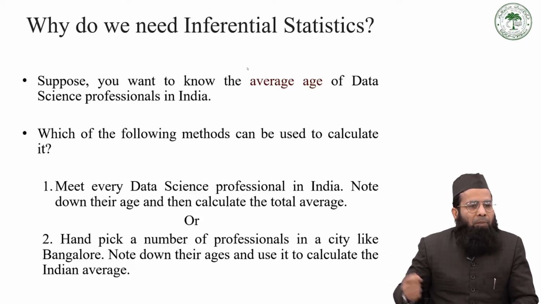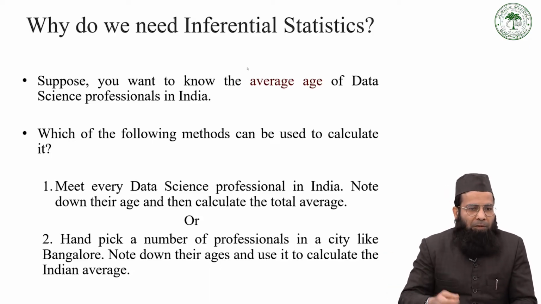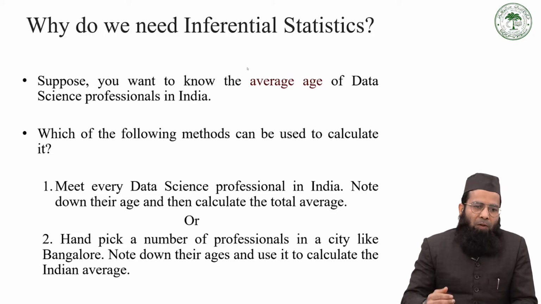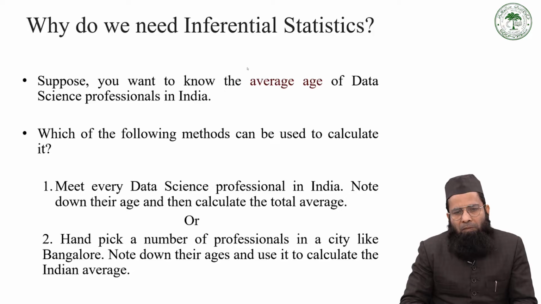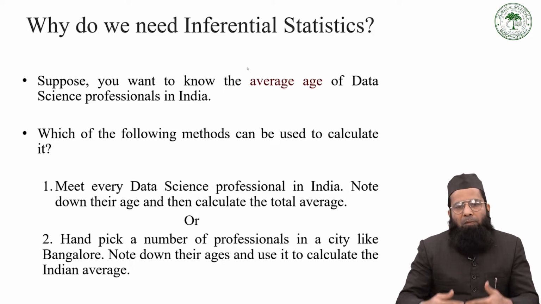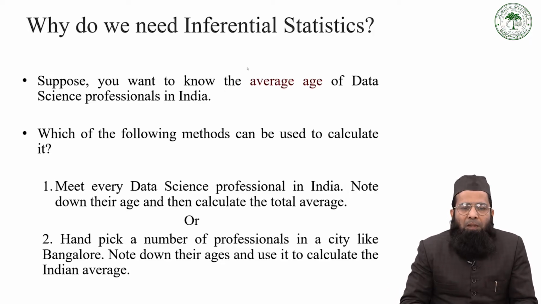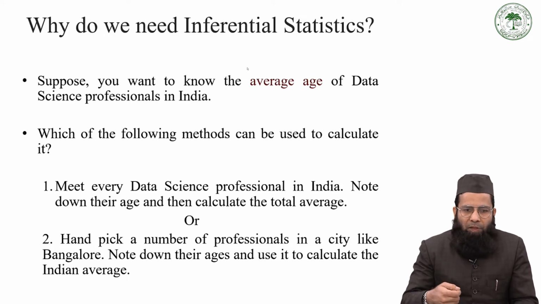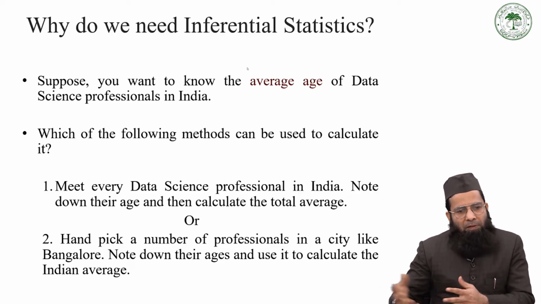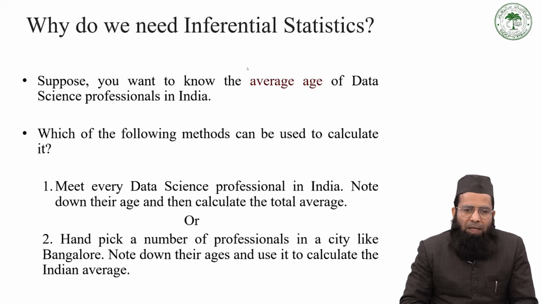You have to meet every professional, ask her or his age, and finally find the average age. The other possibility is to handpick a number of professionals in a city like Bangalore, or you could select Noida as well, note down their ages and use it to calculate the Indian average.